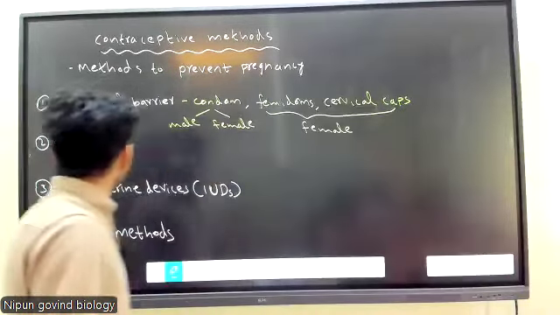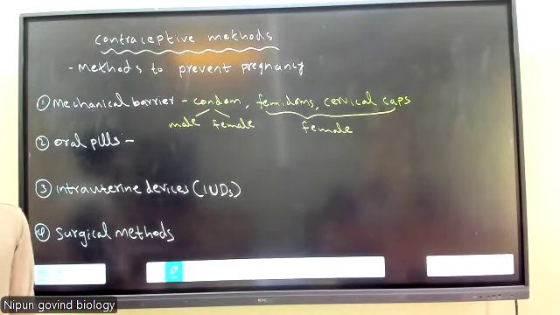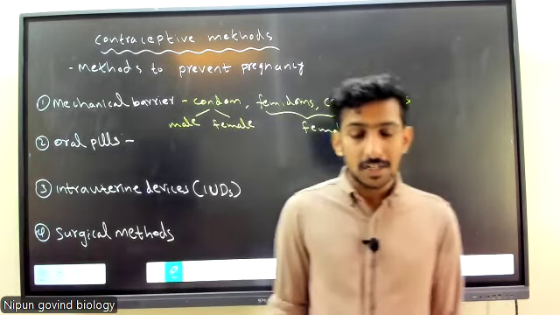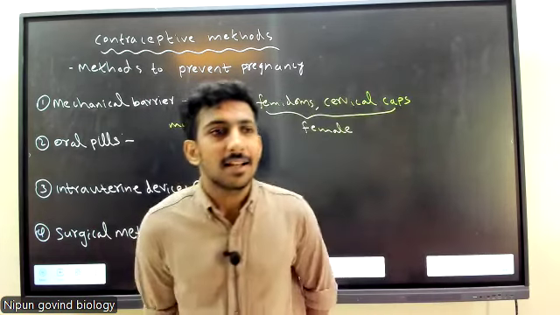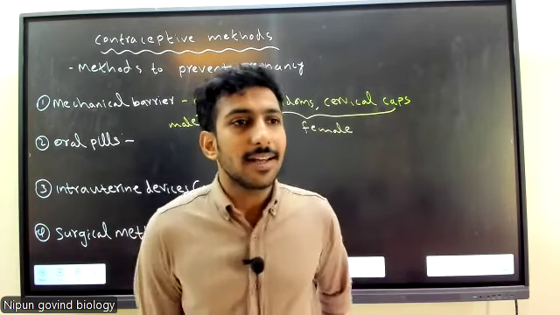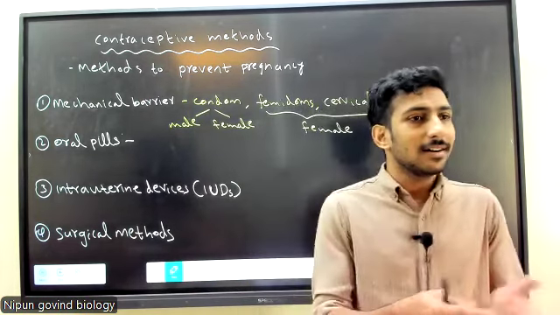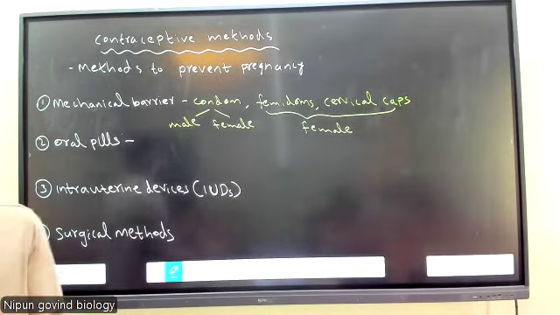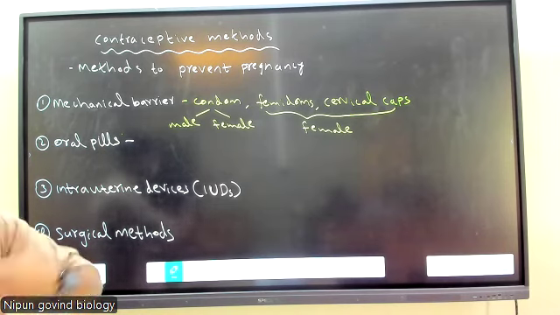Okay guys, listen. Next, oral pills, oral contraceptive pills. The oral pills are used only in emergency conditions. Suppose a husband and wife don't want babies. They were having sex using a condom, and because of some reason the condom is broken, and she is about to become pregnant.